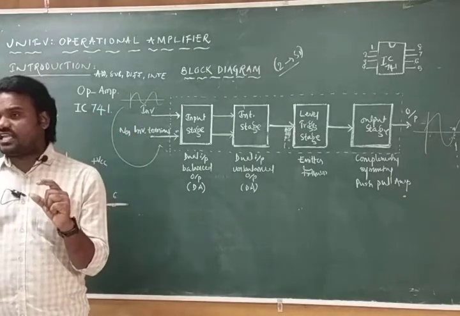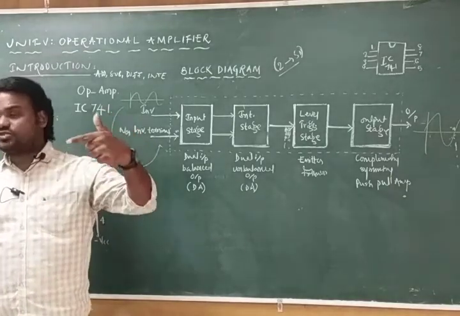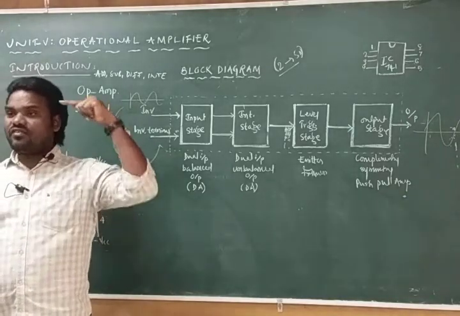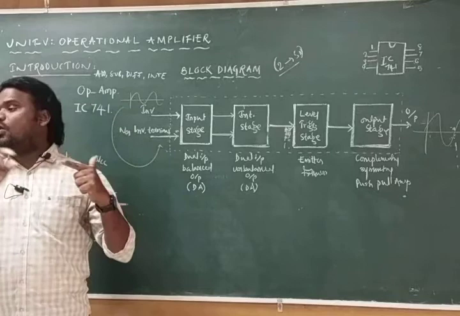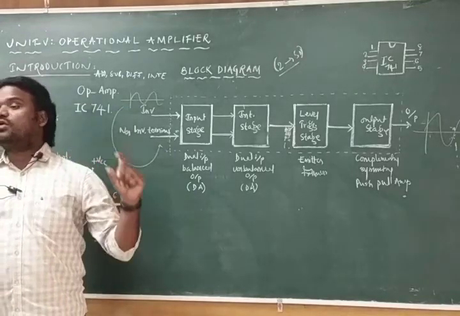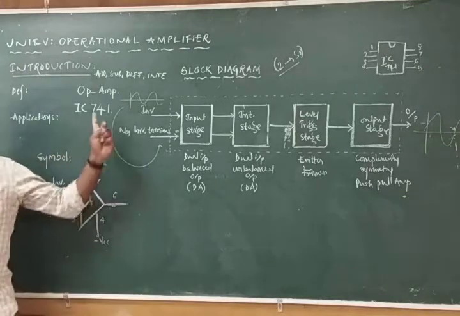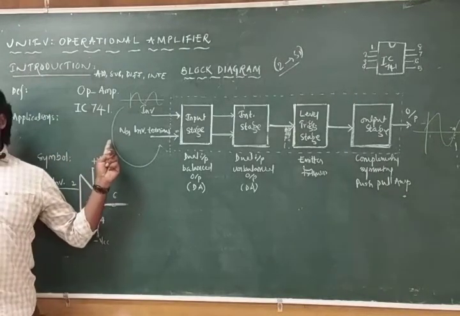Whenever the phase shift is about 180 degrees, the two signals are called out-of-phase signals. Whenever the phase difference is about 0 or 360 degrees, we call them in-phase signals. So how many inputs does it have? Two inputs. What are the two inputs?